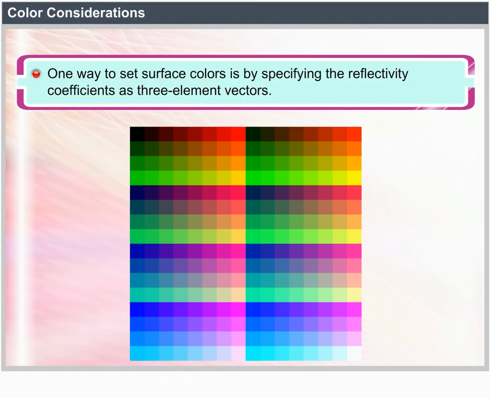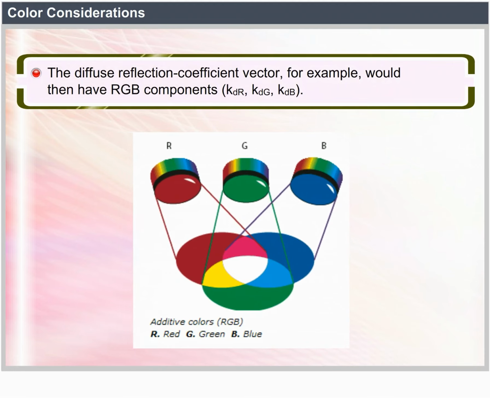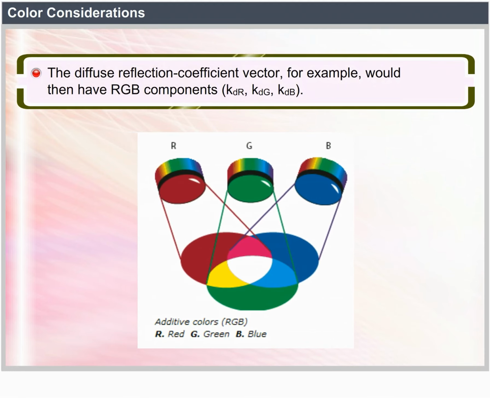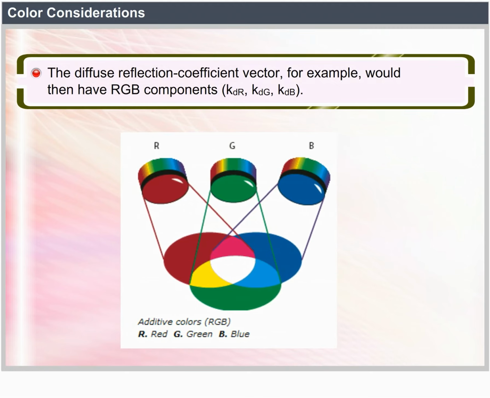One way to set surface colors is by specifying the reflectivity coefficients as 3-element vectors. The diffuse reflection coefficient vector, for example, would then have RGB components KDR, KDG, and KDB.